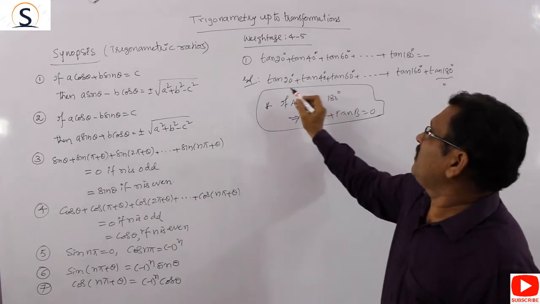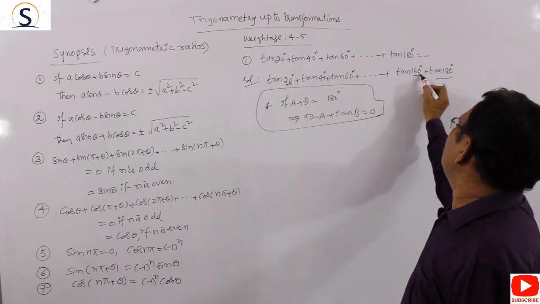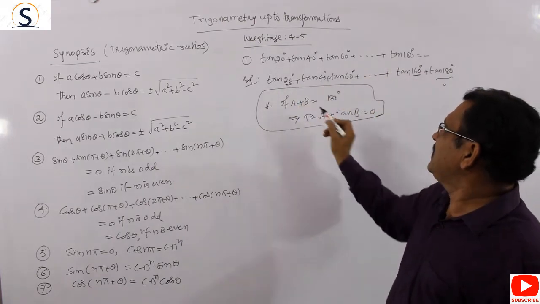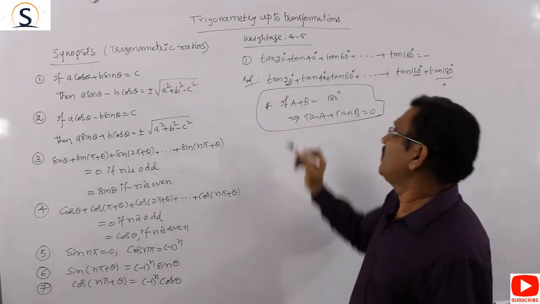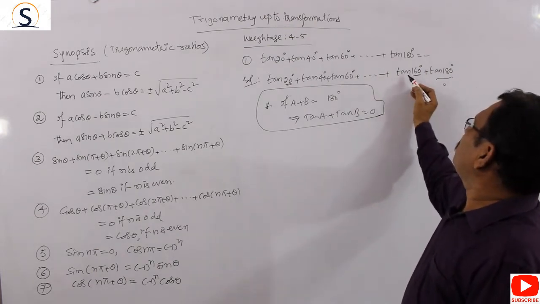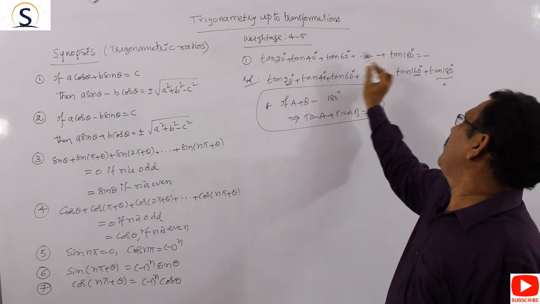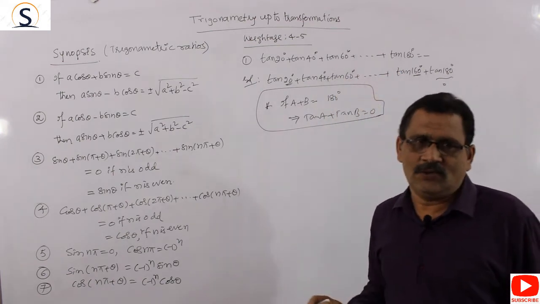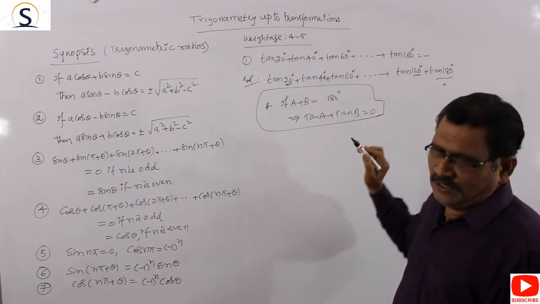Observe the first one, tan 20. If this is A and this is B, A plus B is equal to 180 degrees. 160 plus 20 is 180. Therefore, the sum of these two becomes 0. And its preceding term is tan 140. 40 plus 140, that is also 0. So, tan 60, before that 120 is there.